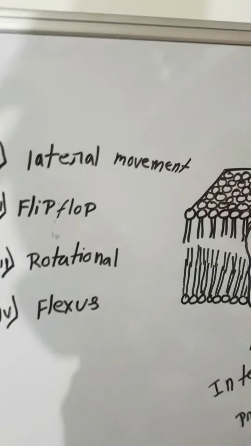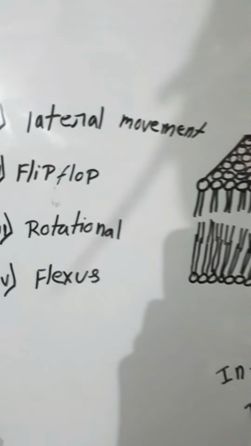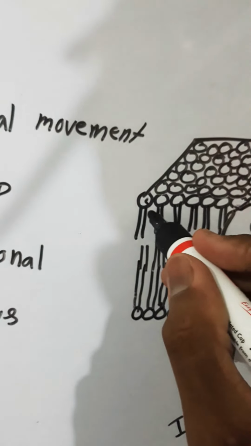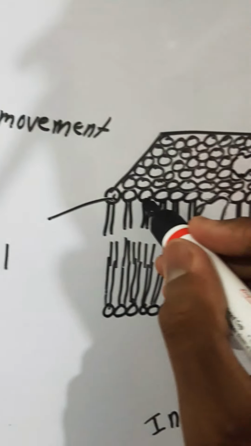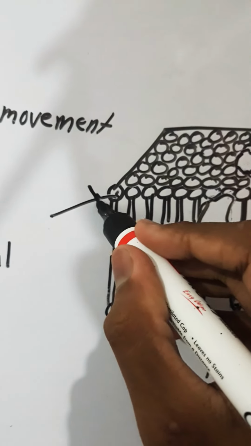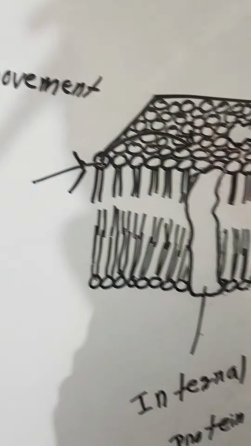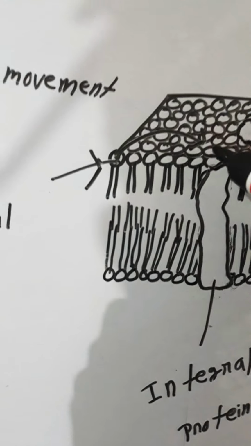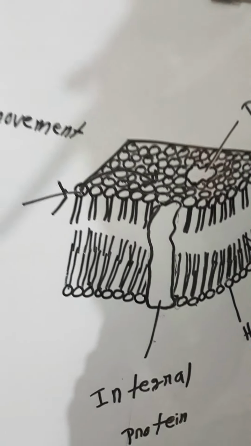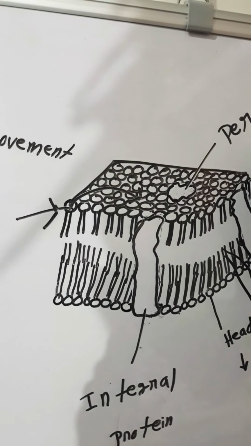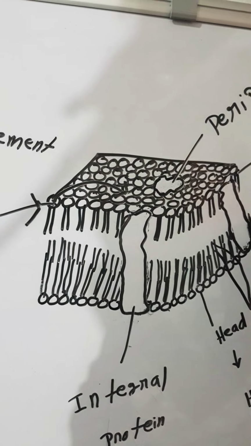First is the lateral movement. In lateral movement, the lipids, for example, see these lipids, actually transfer from this position to any position within the leaflet. Okay, and we know that the plasma membrane is actually made of two leaflets. This is one leaflet and here is another leaflet.